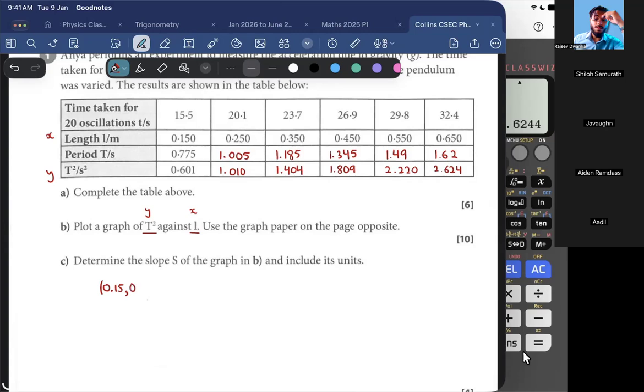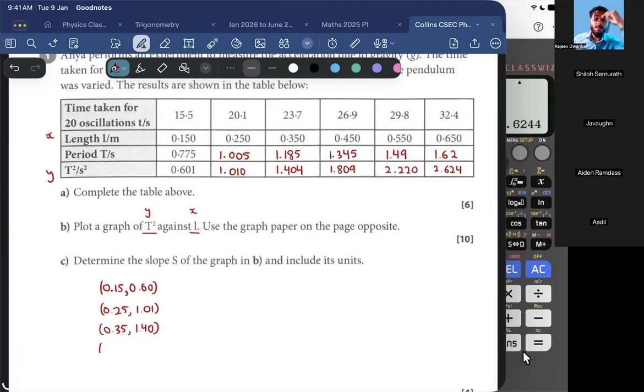0.60. Right, 0.60. Where's my next point? 0.25 and 1.01. Right, next one. 0.35 and 1.40.